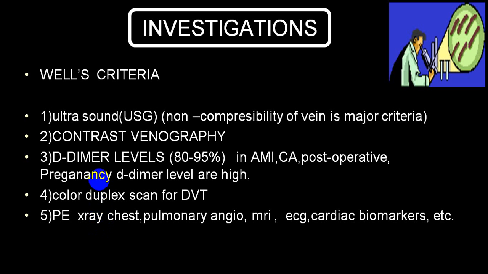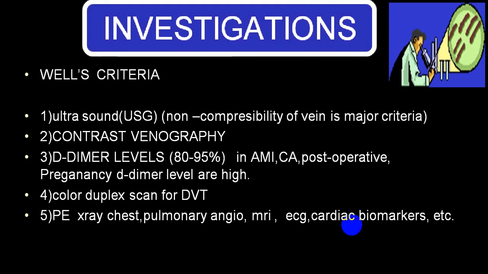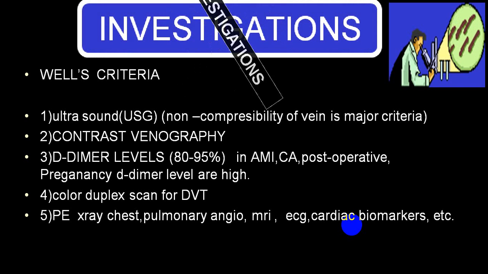You can go for pulmonary angiography with or without CT. ECG may be of some help, and you can also go for cardiac biomarkers because invariably there will be increased right ventricular pressure leading to BNP elevation, and even N-terminal BNP will also be elevated.